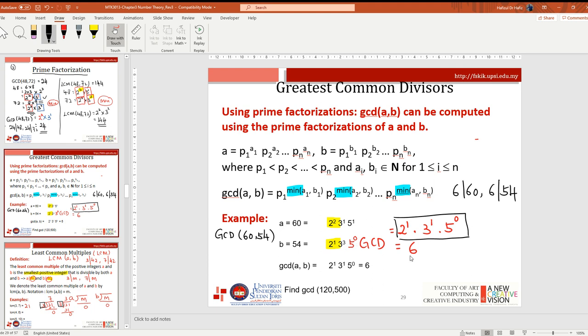For GCD of A and B, we take 2 to the power of 1, 3 to the power of 1, and 5 to the power of 0. We got 6.